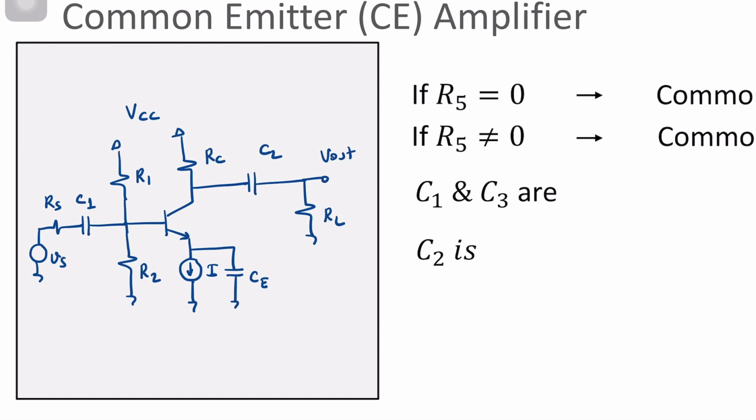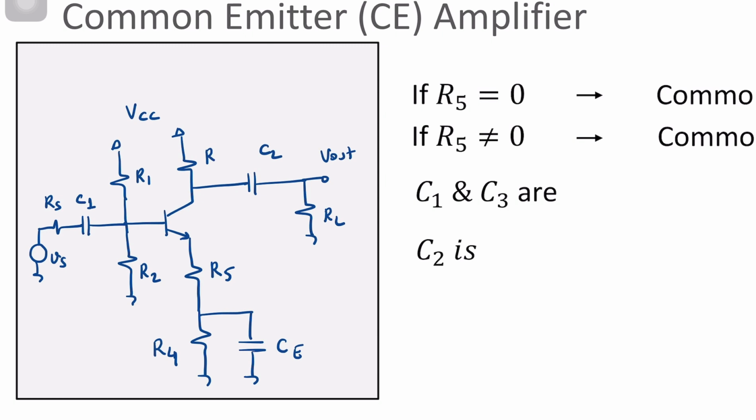Or let's make it like this, sorry. Let's replace this with 2 resistors. To be consistent, let's make this R3. So this is a typical common emitter amplifier.